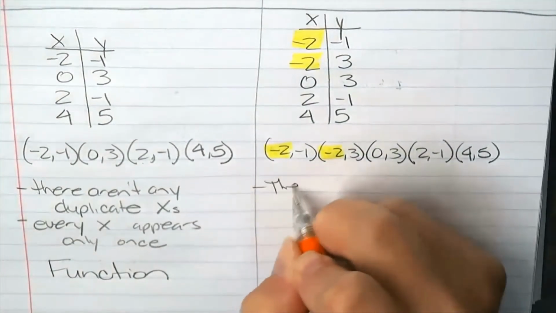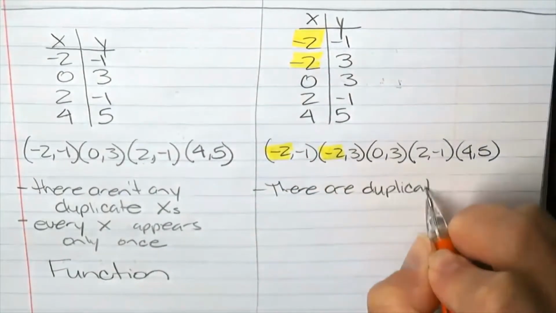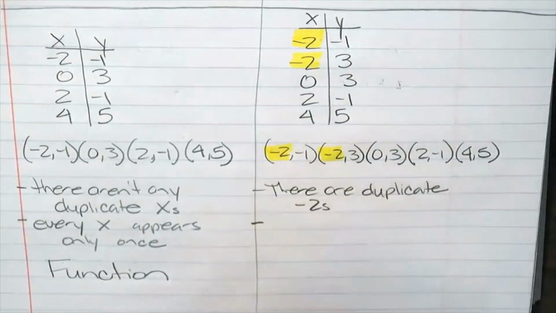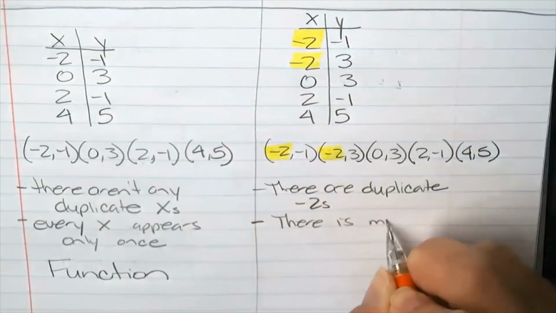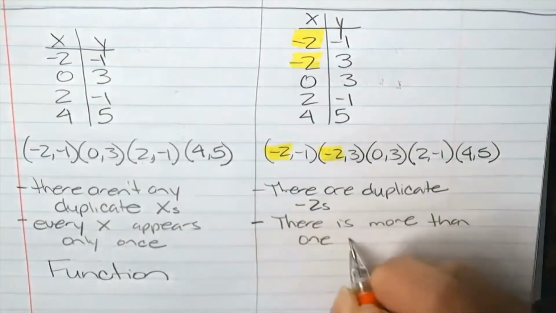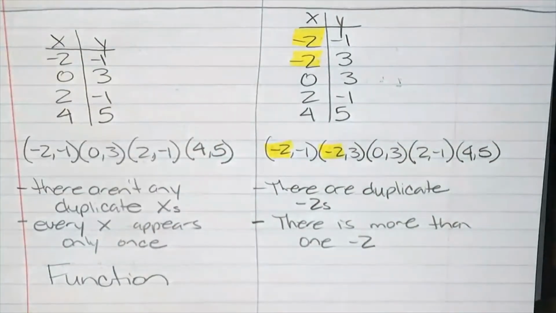So there are duplicate -2's, or another way of thinking about it, there is more than one -2 as an input. We're only looking at our inputs.